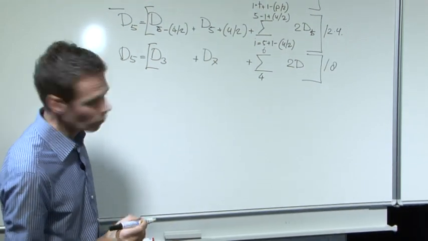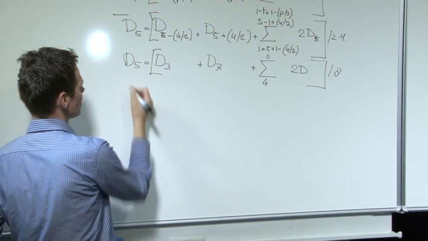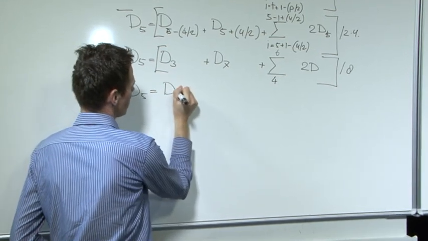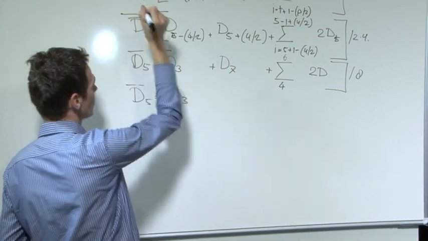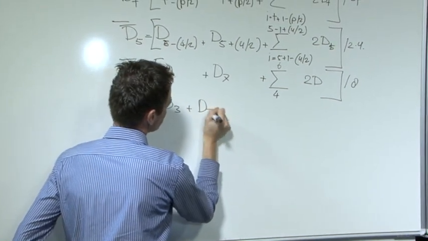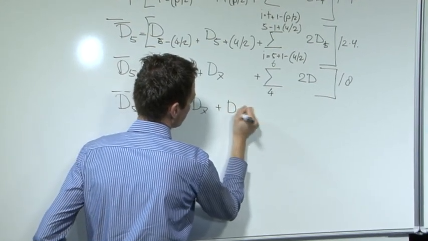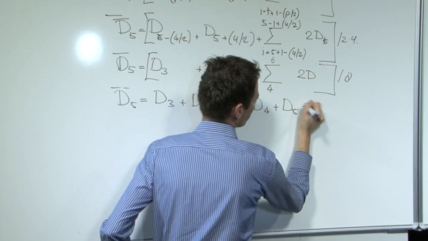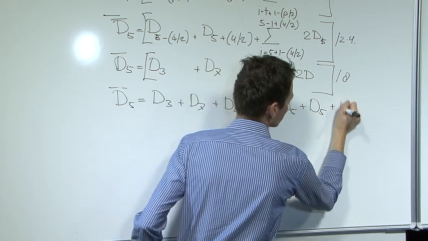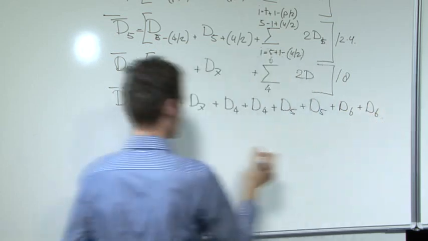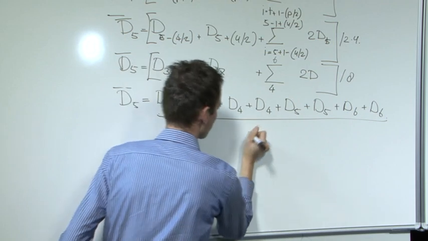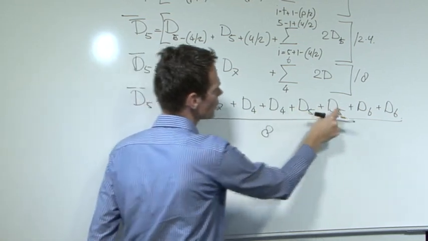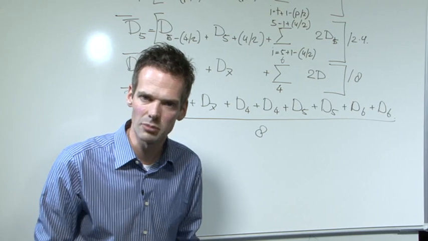So if we would rewrite this formula, we would get d5 is d3 plus d7 plus d4 plus d4 plus d5 plus d5 plus d6 plus d6, and this whole divided by 8, as there is 1, 2, 3, 4, 5, 6, 7, 8 different demands.